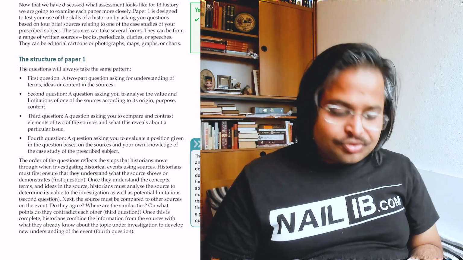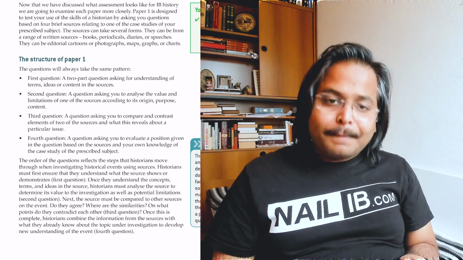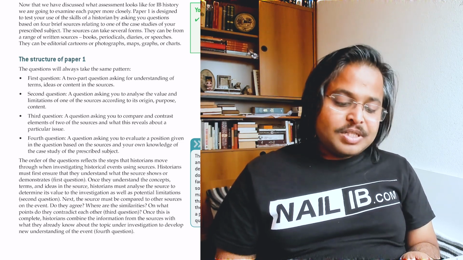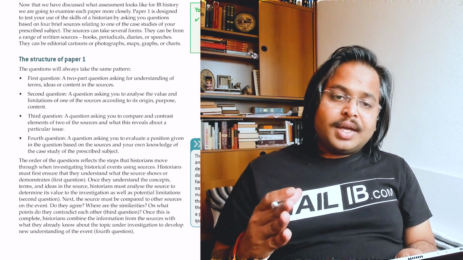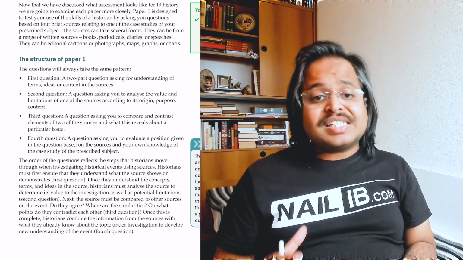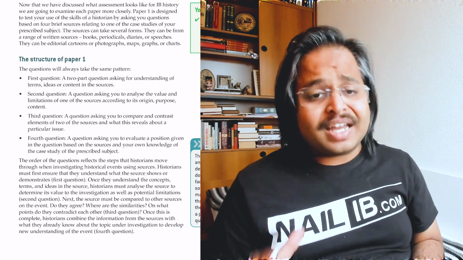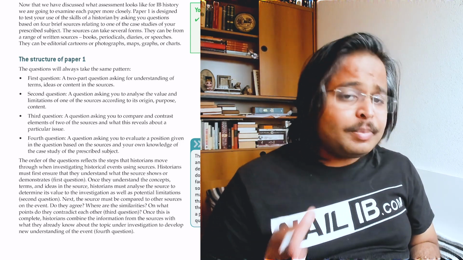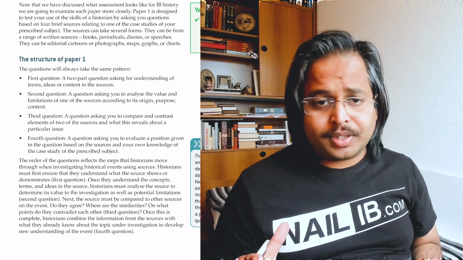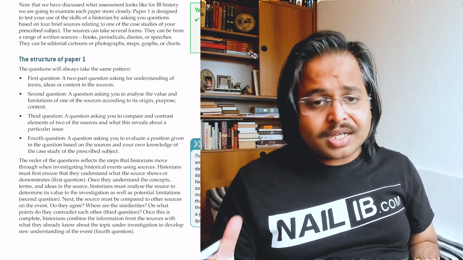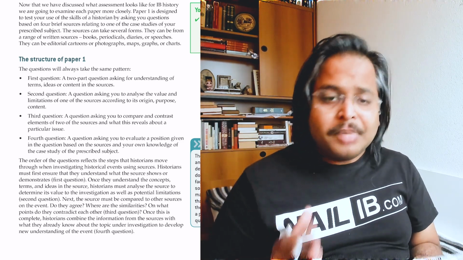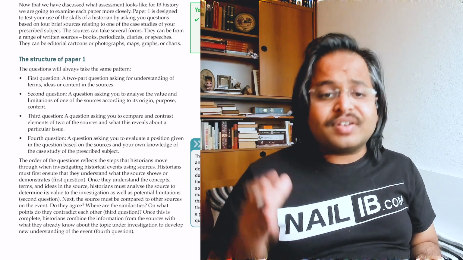The third question is a question asking you to compare and contrast elements of two of the sources and what this reveals about a particular issue. Once again, the framing of the question helps you to do a running commentary. You have to compare and contrast, but not in a schematic middle school manner. You're supposed to have a running commentary.